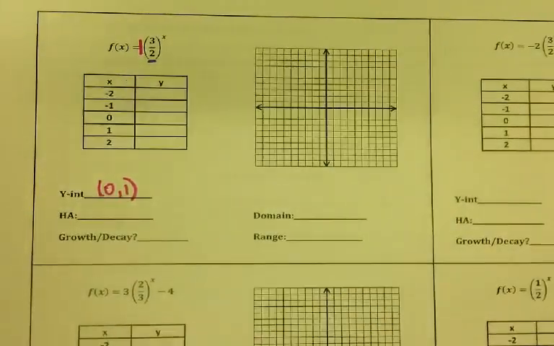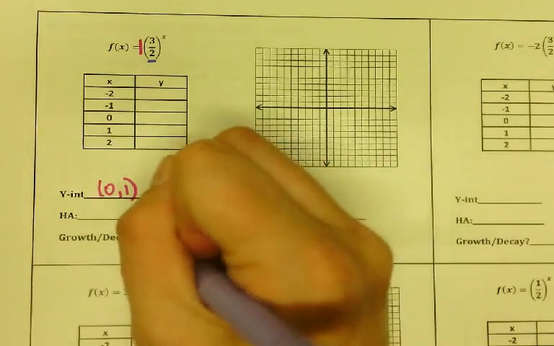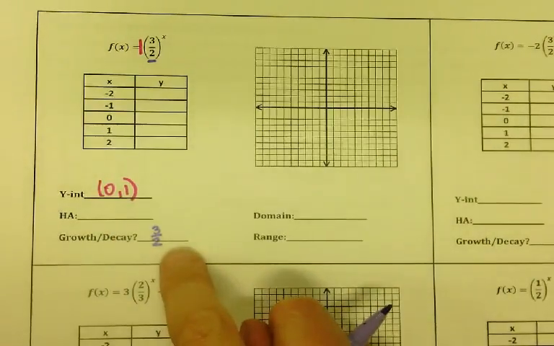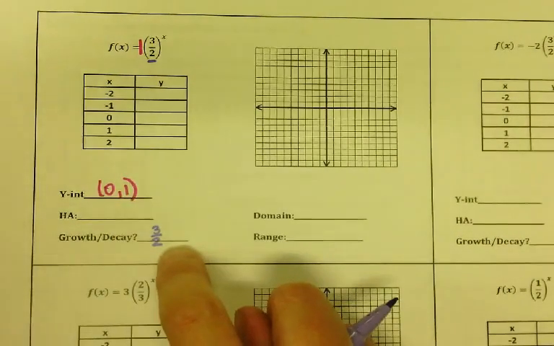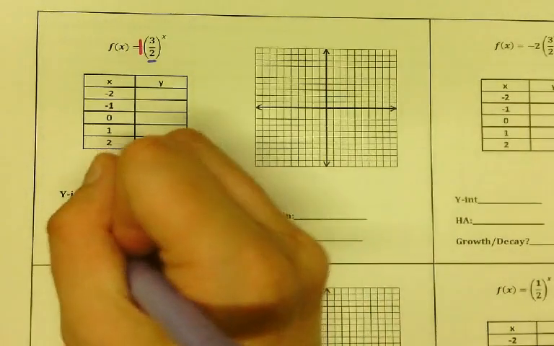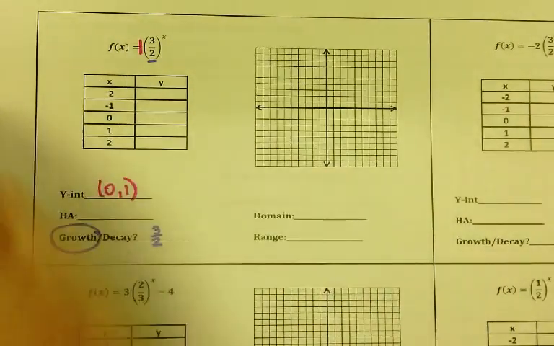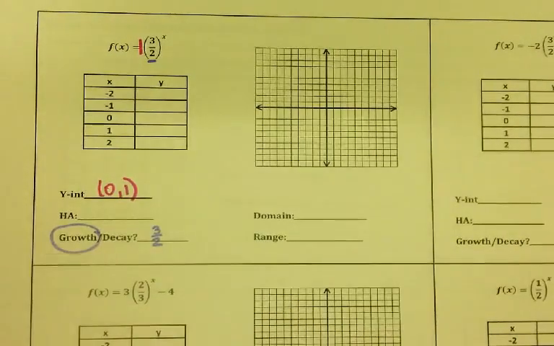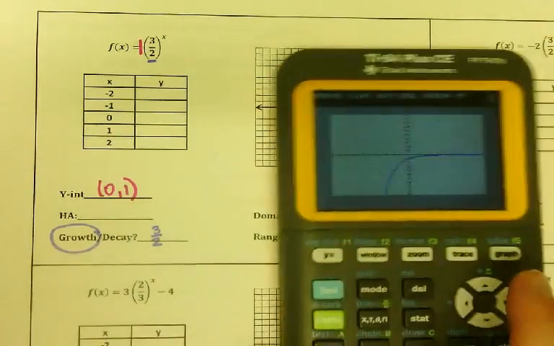My b value is this number inside, so that is 3/2. And guys, 3/2 is greater than 1. It's 1.5. So that means that we are dealing with growth. So we know those two things without graphing anything at all.